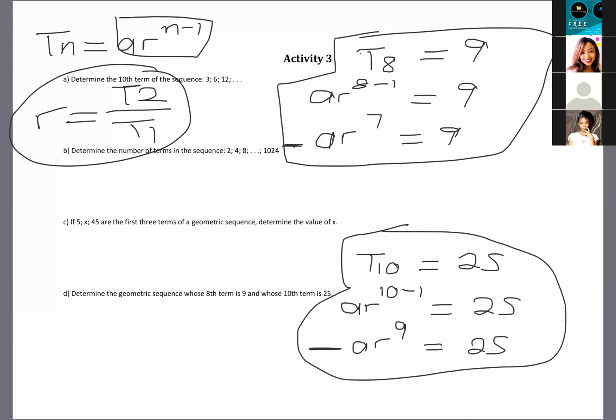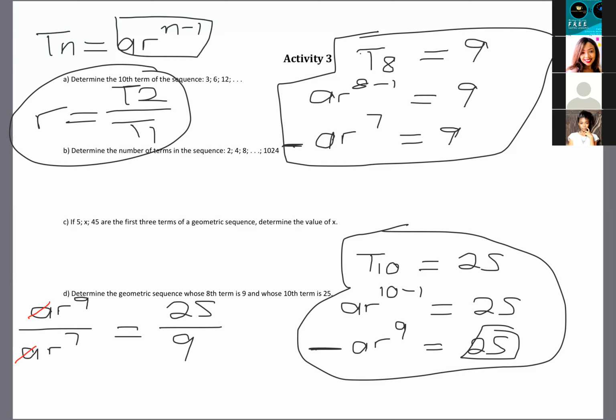So I'm going to say that my ar to the power of 9 over my ar to the power of 7 is equal to this 25 over 9. Then, using this equation, I'm going to try to solve the value of r, because these a's are already canceling. Do you see that? Yes, ma'am.